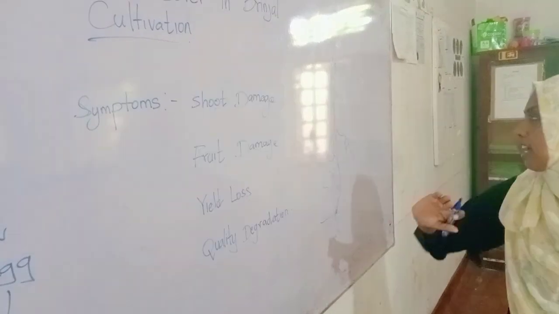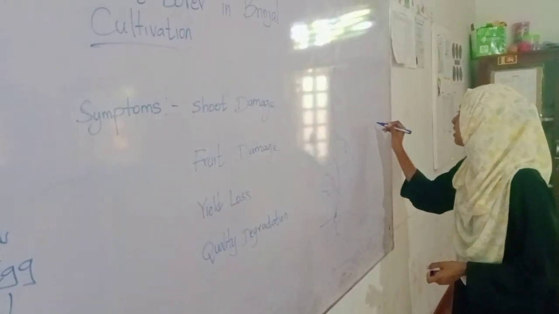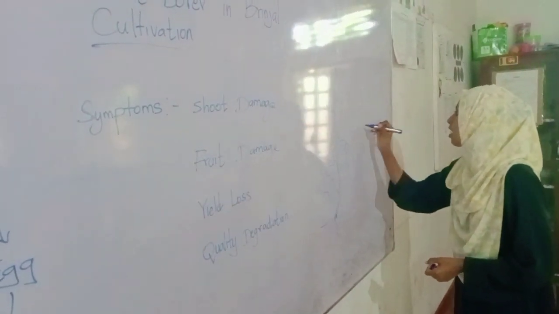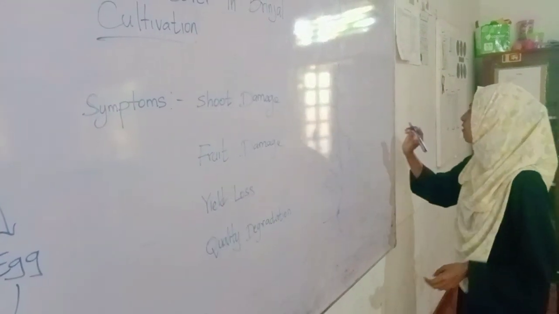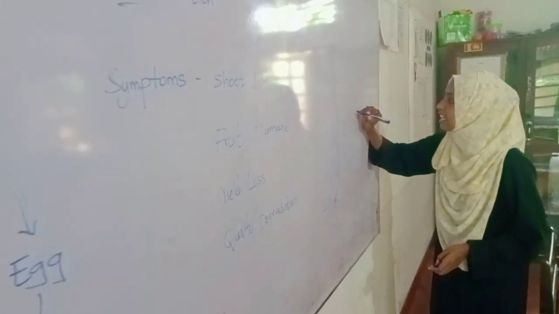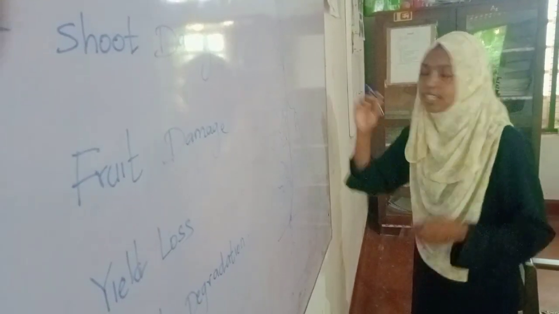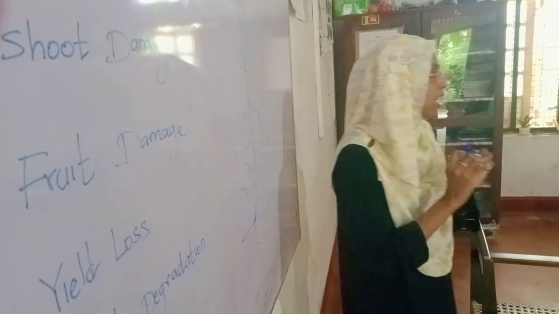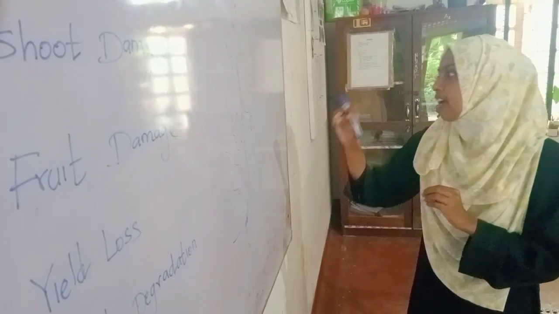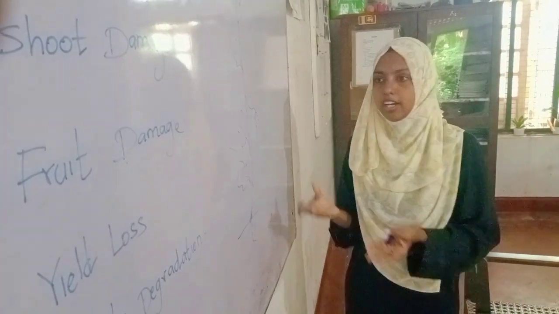Fruit damage means the larva tunnels into the fruit and feeds on the flesh. It can be observed, and brown colored larva in the fruit means the fruit is not selected if you go to the market.